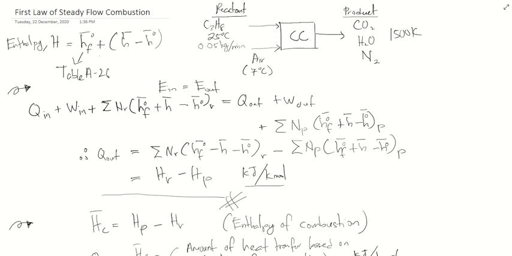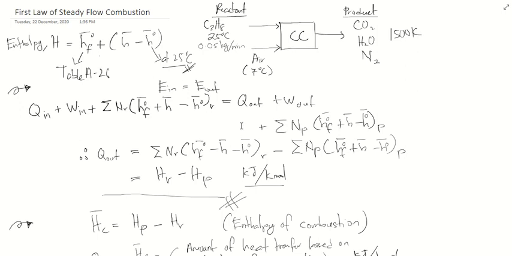This is the enthalpy at any state, at any temperature given. Next is the enthalpy of reference state. This is actually the enthalpy at 25 degrees C. Alright, so that's how we calculate the enthalpy.